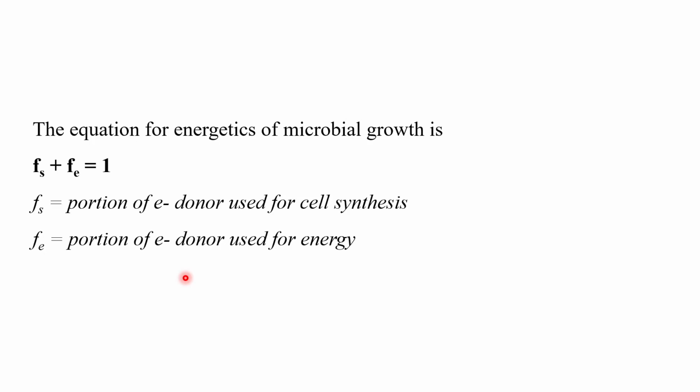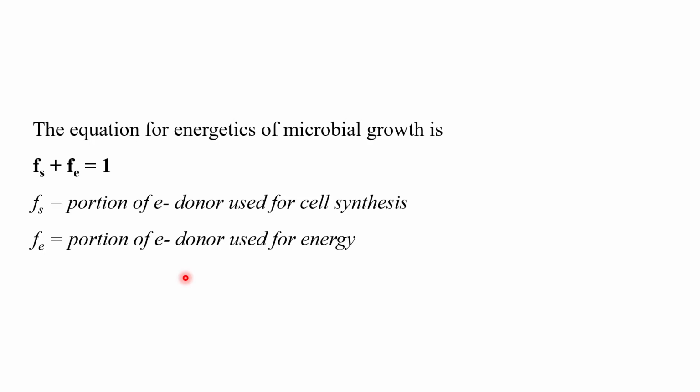So for that also energy is required, and electrons are required. So during the growth of a particular microbe or cell, whatever electrons are being donated, not all of them are transported in the electron transport chain, and it is not completely used for energy. Some of the electrons that are donated are also used for cell synthesis.